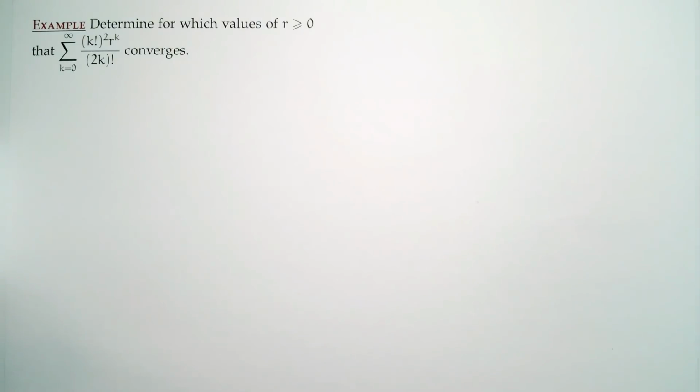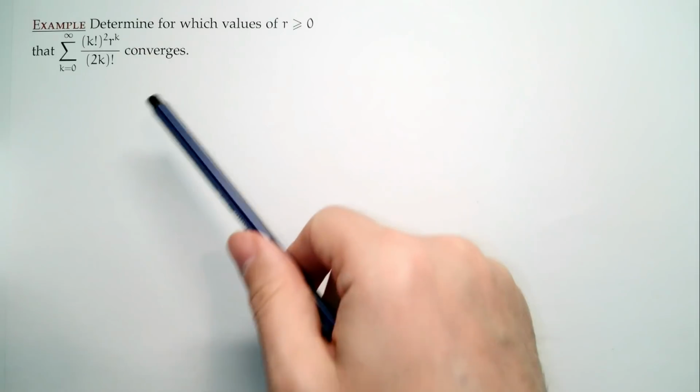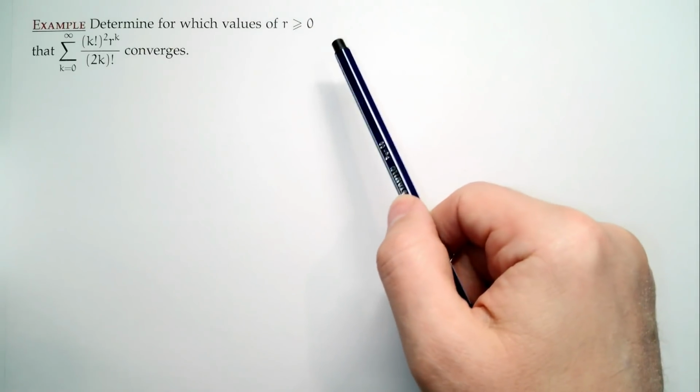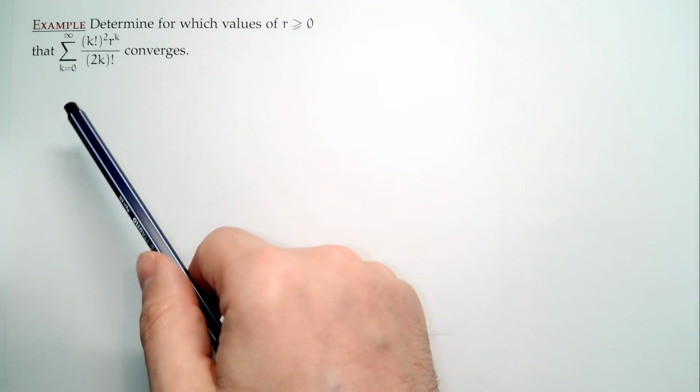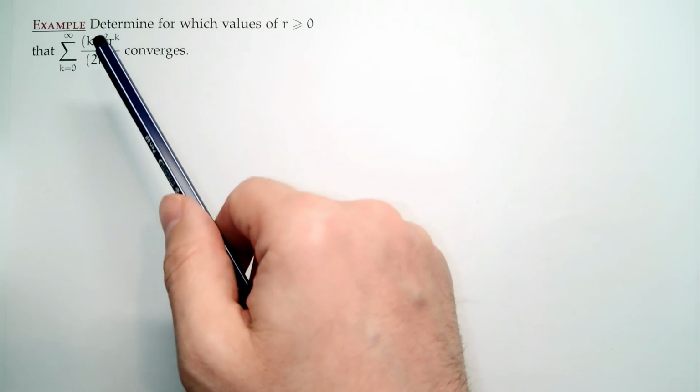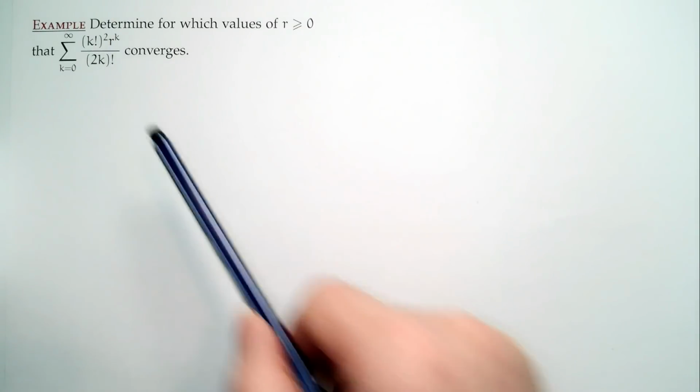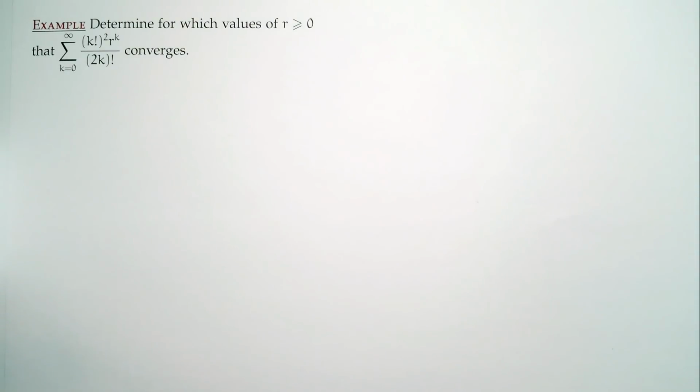It says, determine for which values of r positive that this sum, k equals 0 to infinity, of k factorial squared over r to the k divided by 2k factorial converges. All right, so that's a different kind of a question. So it's like we're trying to say, let's pick a value for r and see when this converges or when this diverges.